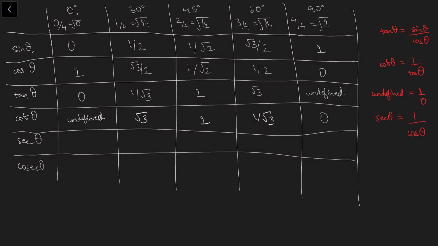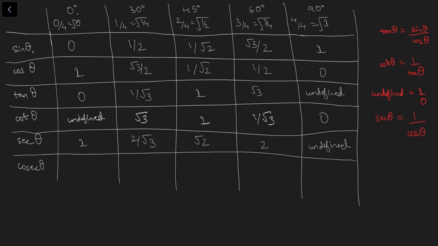So here, the reciprocal of cos 0, that's going to be 1 divided by 1, and that is simply 1. Reciprocal of root 3 by 2, 2 by root 3. Reciprocal of 1 by root 2 is root 2. Reciprocal of 1 by 2 is 2, and reciprocal of 0, which is 1 by 0, is undefined.